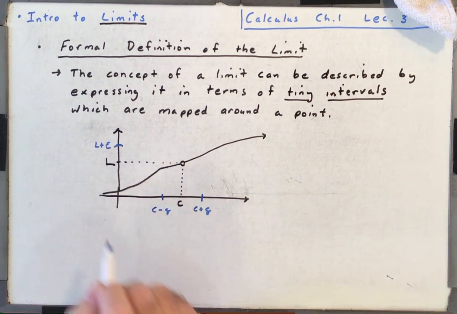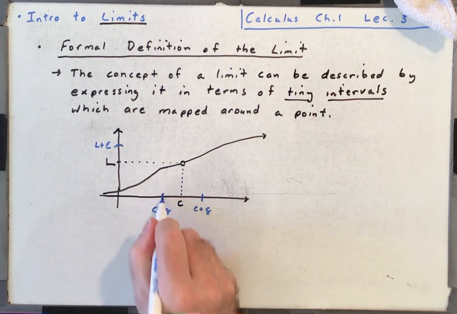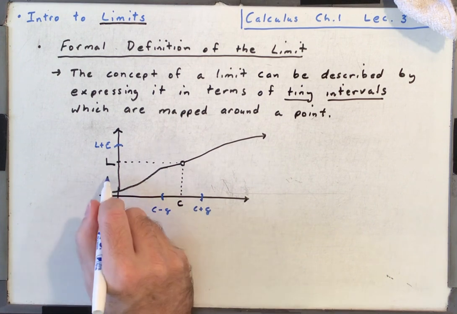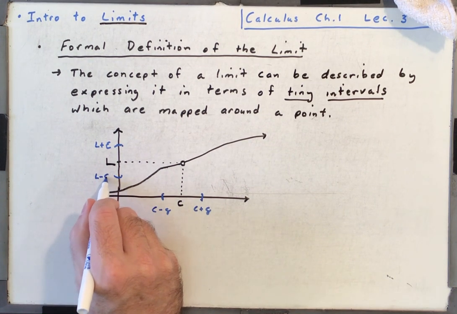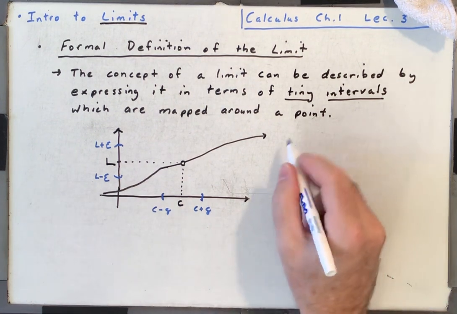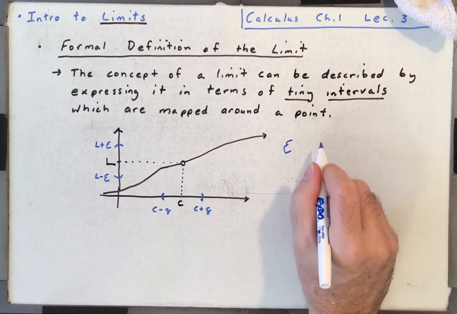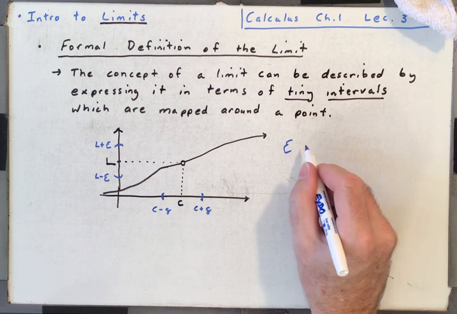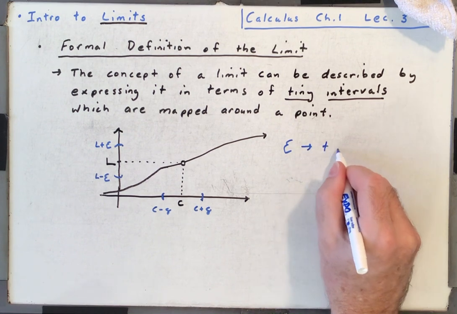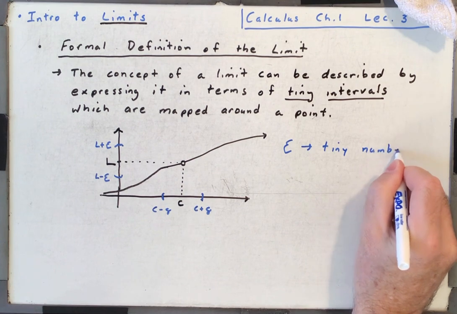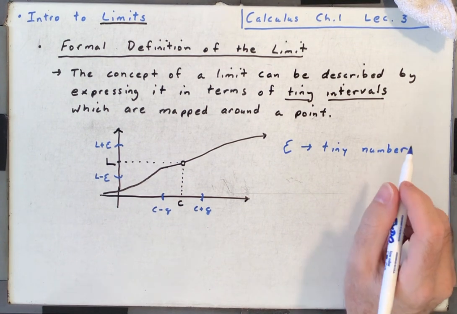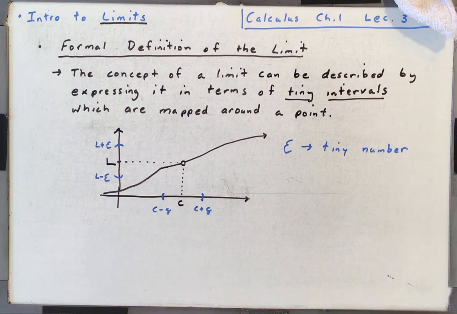And I'm going to make a little parenthesis on that to show you that it's contained. And down here, L minus epsilon. So epsilon in math just represents a tiny number. So think of it as like a billionth or something like that.